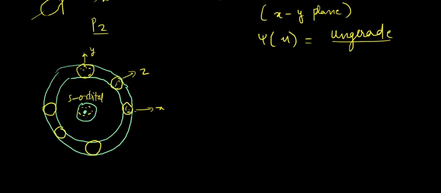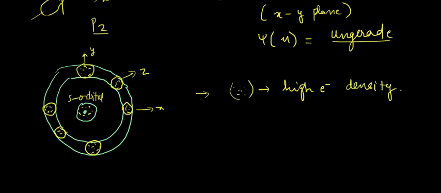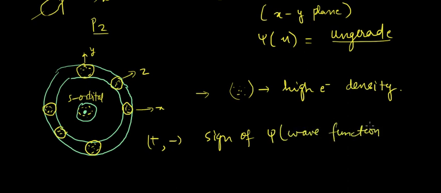Dot shows high electron density of electrons here. So this shows high electron density. And we would have both positive and negative sign of phi or wave function. So here both can occur simultaneously.